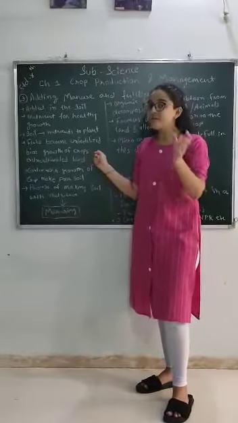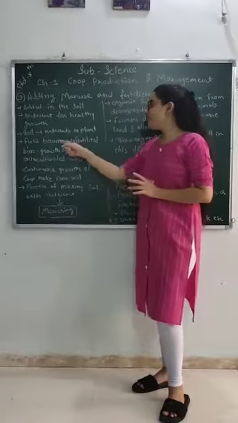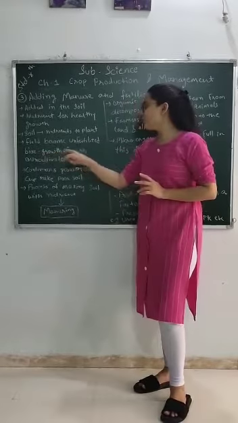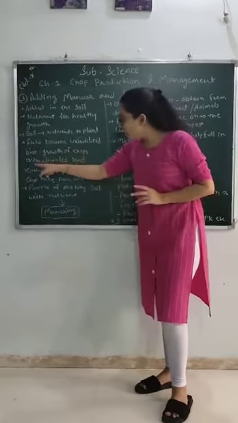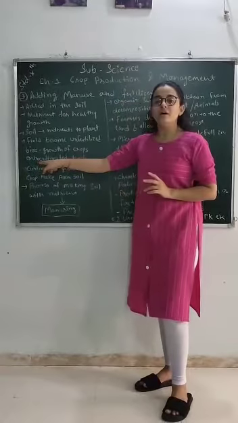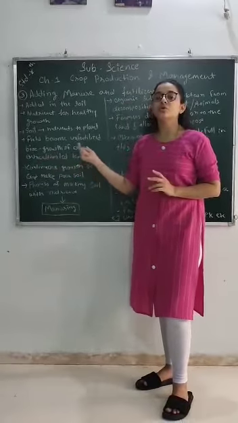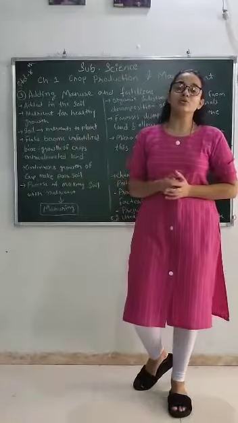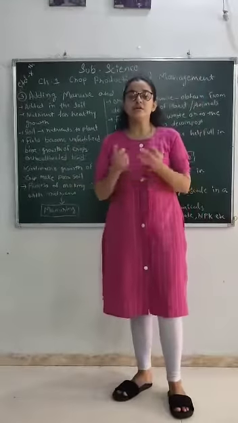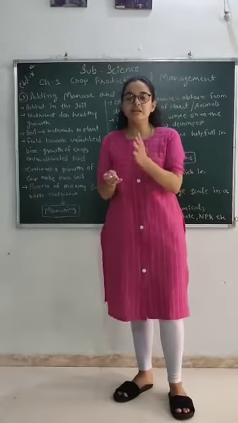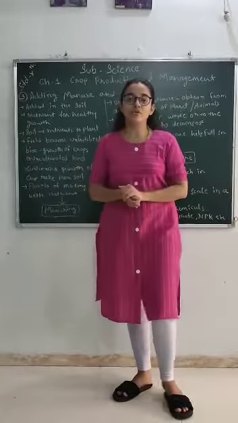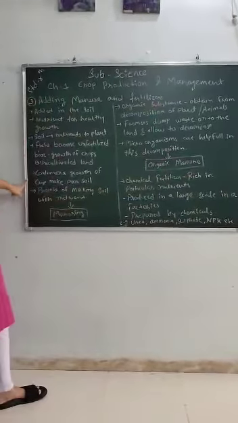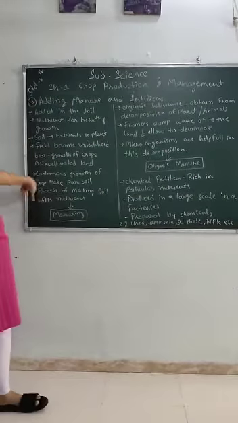After that time, the soil or field becomes unfertilized because of the growth of crops. So many crops, growing day by day, lead to unfertilization of the soil. Continuous growth of crops makes poor soil.